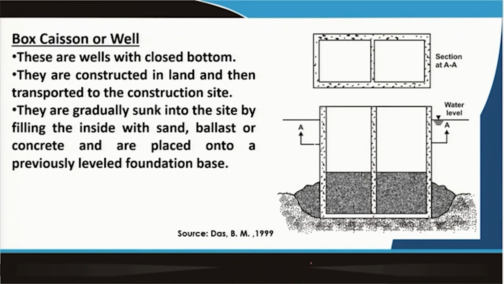So, the next one is the box caisson, where the bottom portion is closed, but the top portion is still open, and they are constructed on land and then transported to the construction site. The previous one was constructed at the site itself, but here it is constructed on land and then transported to the construction site, and they are generally sunk by filling the inside with sand, ballast or concrete, because now the bottom is sealed.